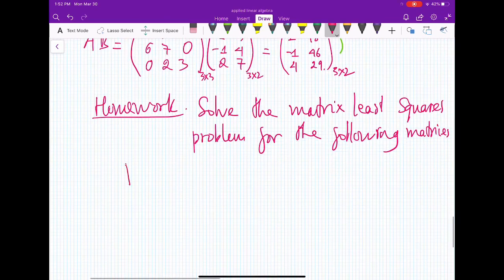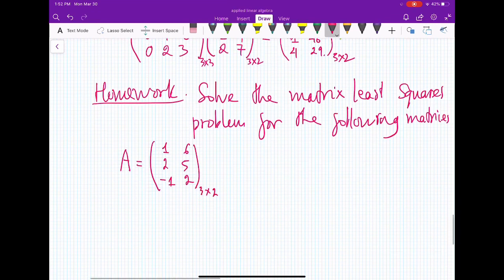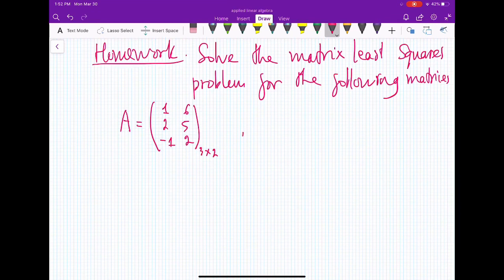A is equal to 1, 2, negative 1, 6, 5, and 2. That is 3 by 2. And B is, let's pick 1, 0, 1, 1, 1, 0, and then negative 1, 1, and 1. That is 3 by 3.